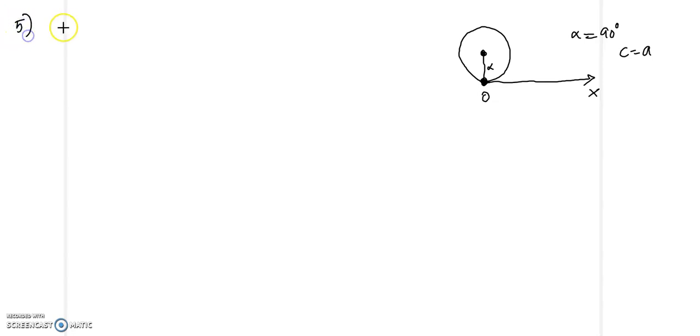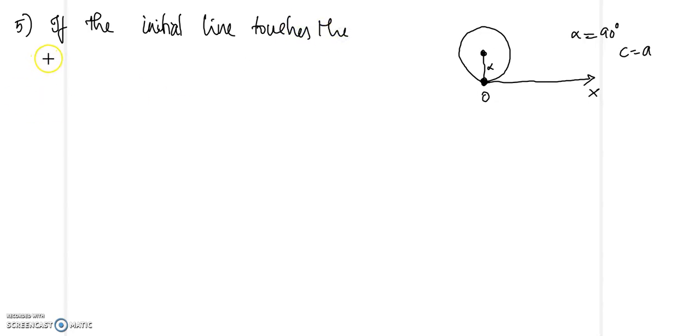Now the fifth case is when the initial line touches the circle. Sorry, that's the sixth case. So the initial line touches the circle at a point.